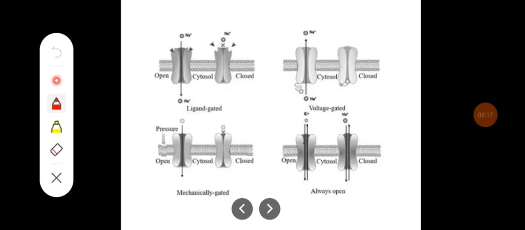Then the response can be through a variety of protein channels or ion channels. They can be ligand gated, they can be voltage gated, they can respond at a specific voltage, and they are going to allow only specific ions to pass through.